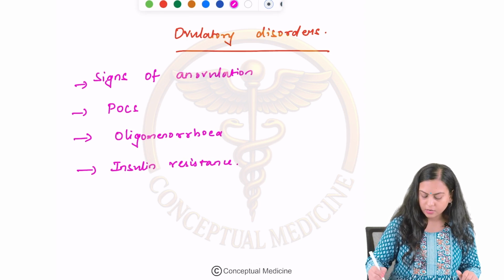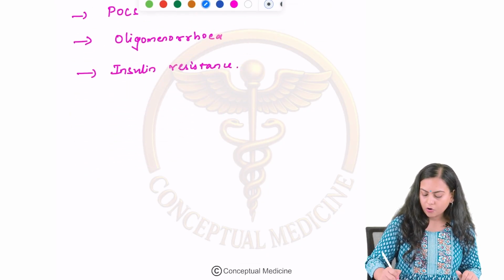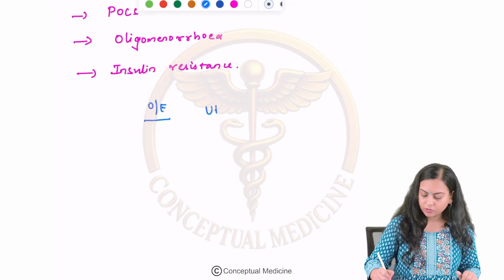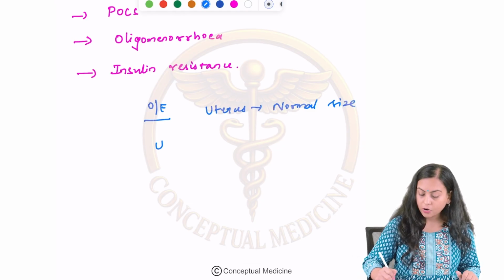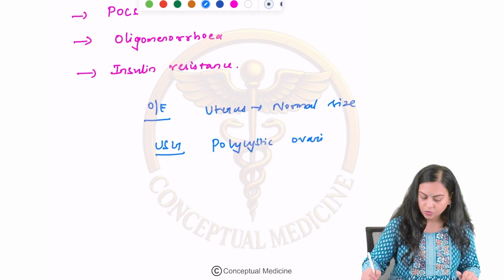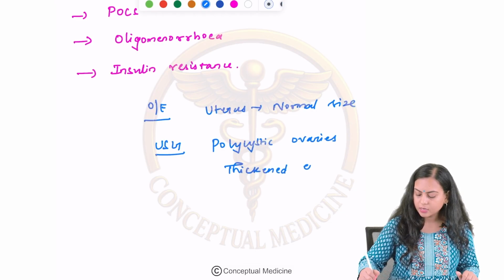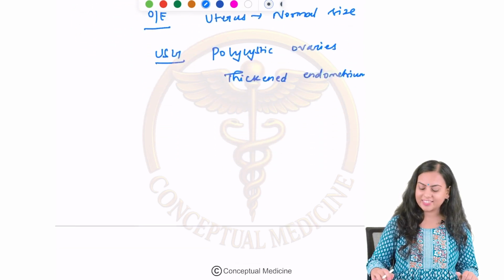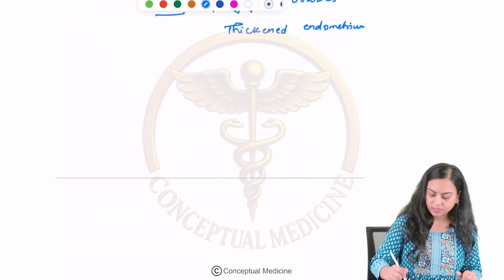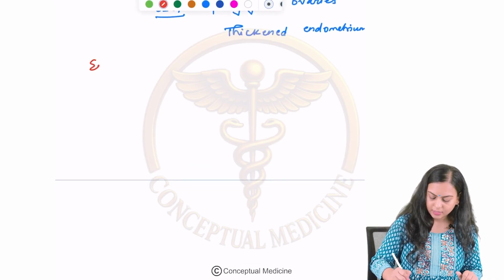On examination, the uterus is normal size in these people, and on ultrasonogram you will be able to see polycystic ovaries and thickened endometrium. Clear?